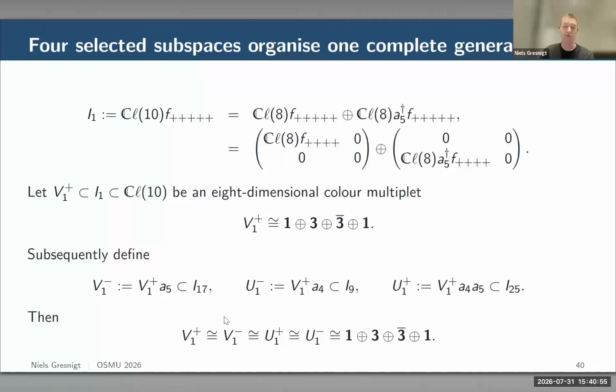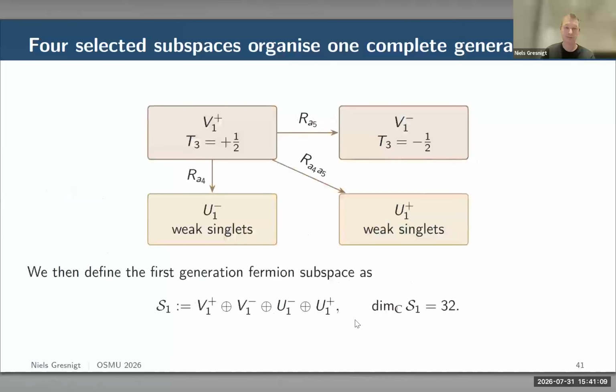And because the SU3 commutes with the 4th and the 5th Witt basis elements, A4 and A5, that means that all 4 of those spaces are going to transform the same under SU3. And so here we have a diagram where I'm going to have V1 plus and V1 minus to be the weak doublet states, and then U1 minus and U1 plus, they're going to be the weak singlet states.